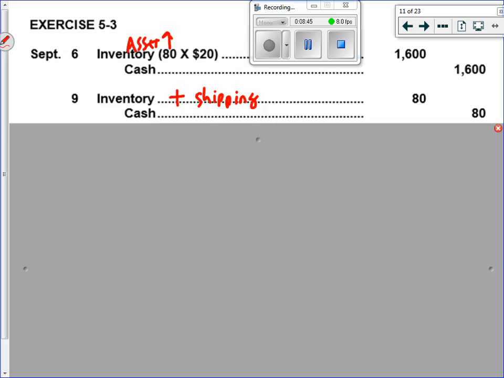What's happening in the next one? We returned 3. Why? Does it say they were defective? We didn't like them. They weren't up to our standards. Okay. What's going to go down this time? Inventory is going to go down. Let's think about how we paid for these things originally.